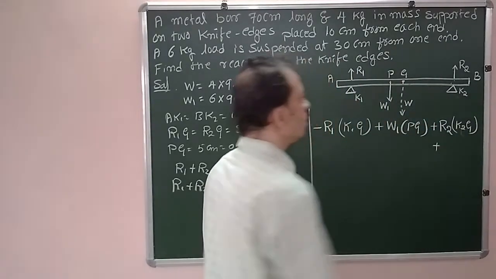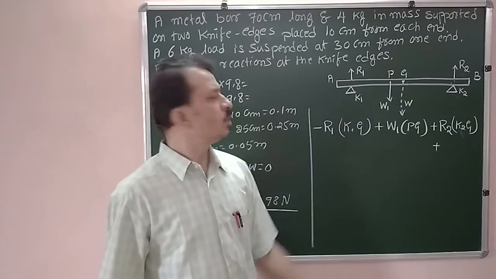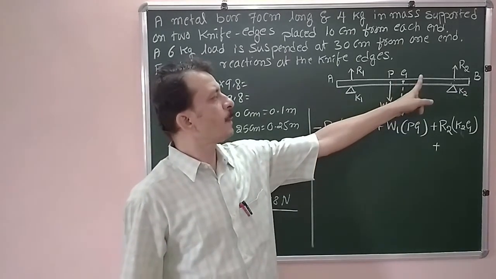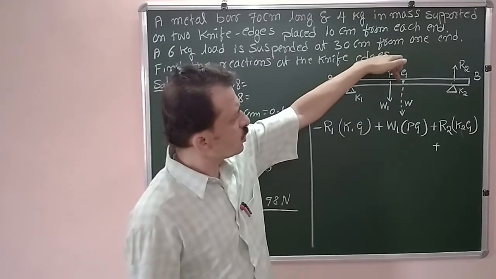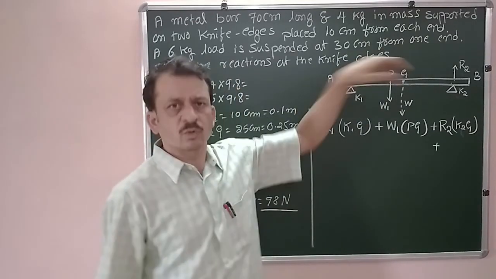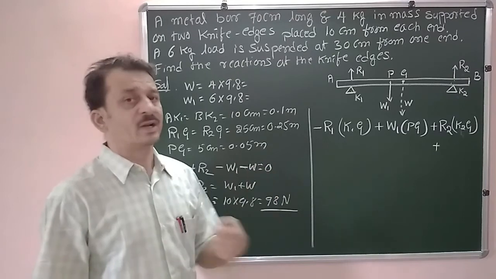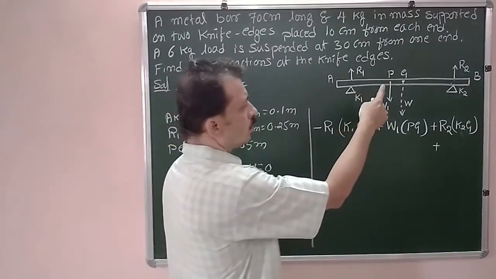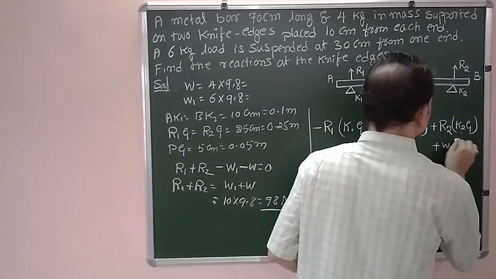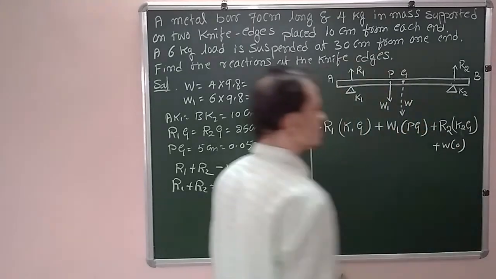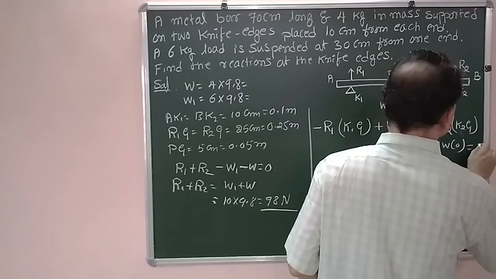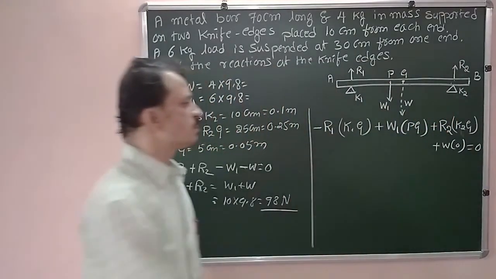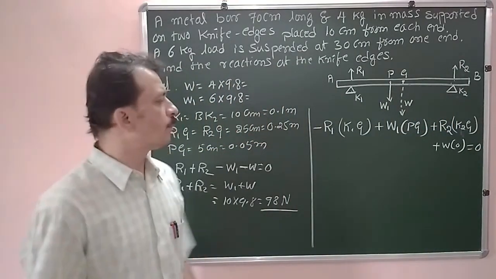Plus one more force is there, W, that is the weight of the bar. But it is acting downwards and also it is acting at the point about which we are going to calculate the moment of force. Therefore, it is W multiplied by the perpendicular distance. The perpendicular distance is 0. Since it is in equilibrium, the algebraic sum of these moments of force is 0.